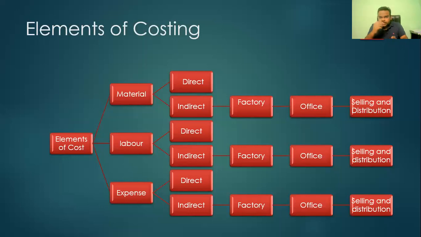Out of these six, direct material, indirect material, direct labor, indirect labor, direct expenditure, indirect expenditure, I'm moving all the direct ones to a separate part: direct material, direct labor, direct expenditure.